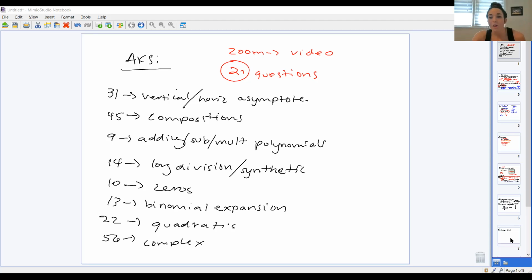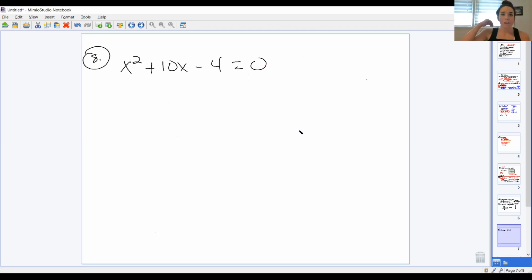Okay. So I'm going to start with this question. I want to talk about solving. In these, there's going to be a question about what is the solution. Since this is a quadratic, you're probably going to have to use the quadratic formula.